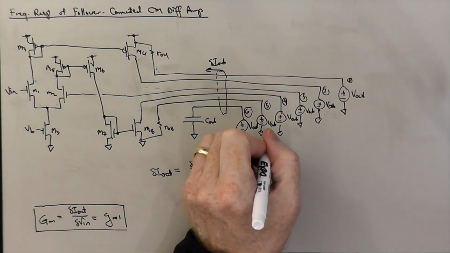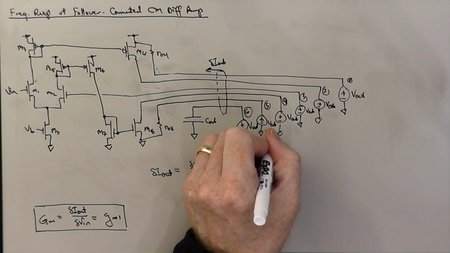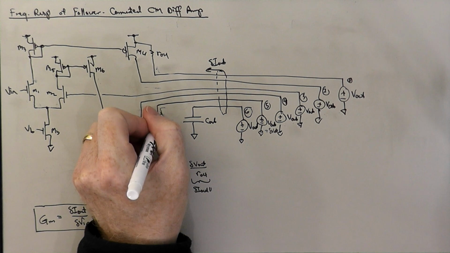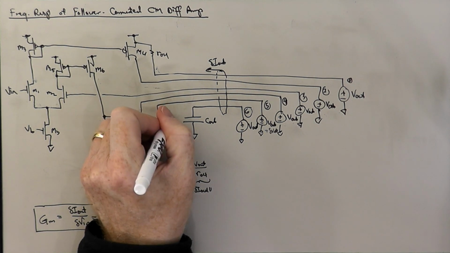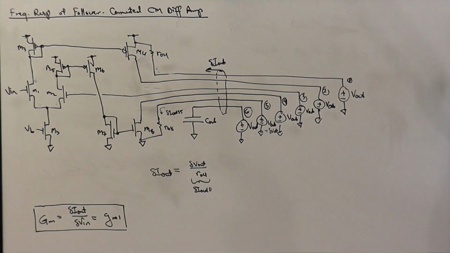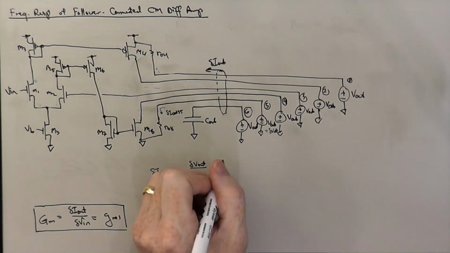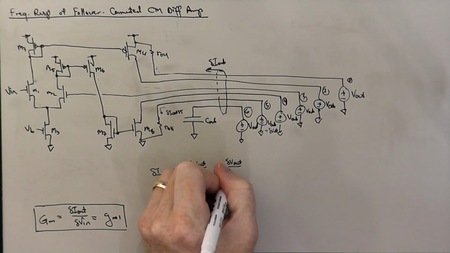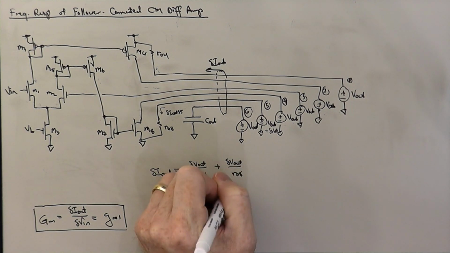Move on to branch 5, delta V out. Well, here we're talking to an early effect resistor, and we have a delta I out 5.5, and that's going to be given again by incremental Ohm's law. So we have a delta V out over RO8.